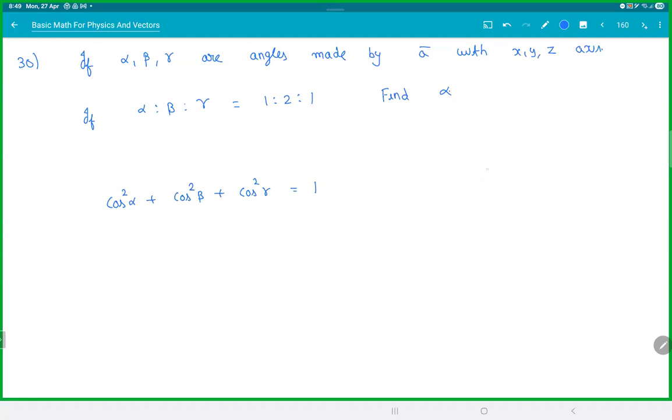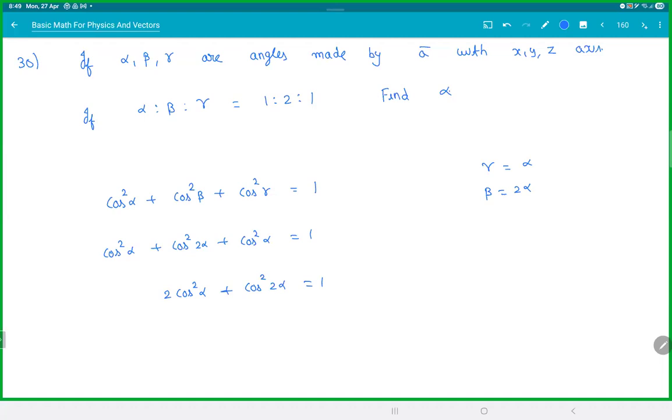I'll write everything in terms of alpha, okay? So gamma is alpha and beta is 2 alpha. Substitute here. cos square alpha plus cos square 2 alpha plus cos square alpha is equal to 1. This would be 2 cos square alpha plus cos square 2 alpha is equal to 1.